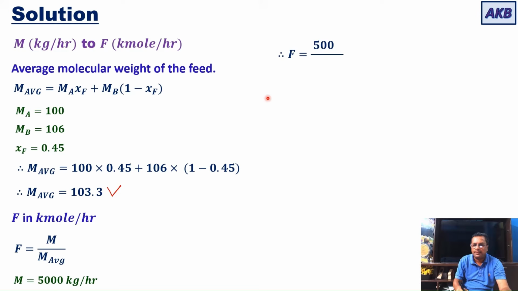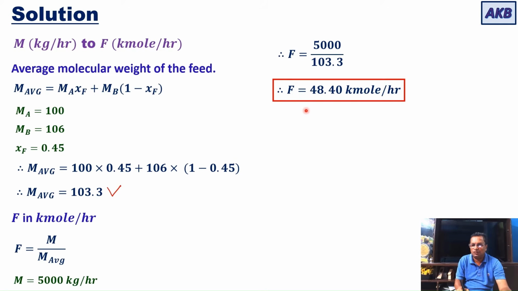F will be 5000 divided by 103.3, that is, F is equal to 48.40 kilomole per hour. So in this way, we have converted the mass flow rate into the molar flow rate. So the feed is entering at this rate, 48.40 kilomole per hour.